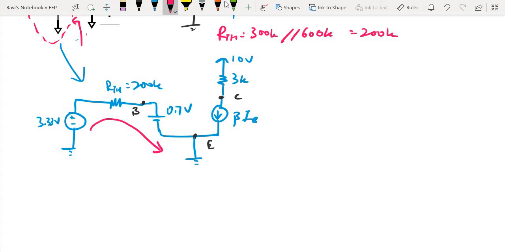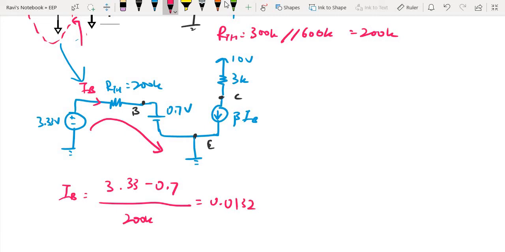So this is the input side of the circuit, and current will flow in this direction from the supply down to ground. So this current IB is equivalent to 3.33 minus 0.7, because this is the voltage drop here, and there's only one resistor which is 200k. That will be equal to 0.0132 milliampere.